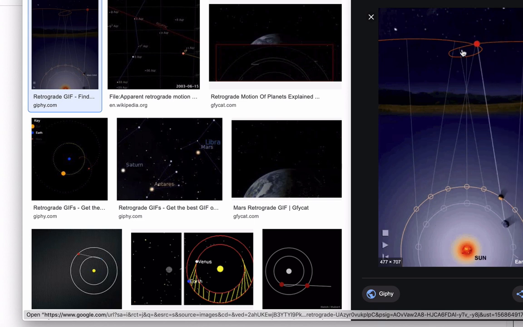And then we can see how that motion looks to us on Earth looking up at the sky. And that right there is what retrograde motion actually looks like in real life from the Earth, and also in terms of what's really truly happening as the planets go around the sun. So both of these things are happening. In other words, this at the bottom is the Earth and Mars going around the sun, and then the consequence of that is what we see in the sky above as depicted here.